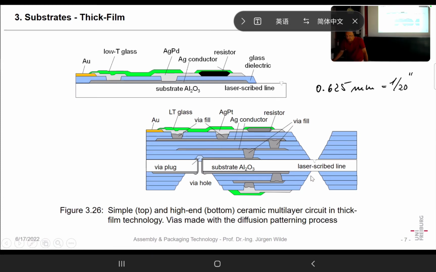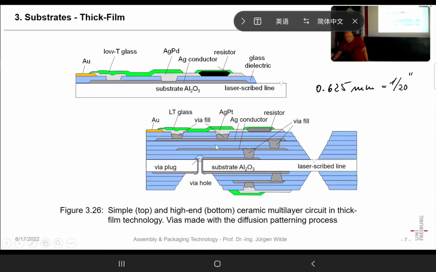That is an example that was provided by the DuPont company, who was in the 1990s and maybe also in the 2000s or so the leading company, and is still leading in the field of materials for thick film technology.